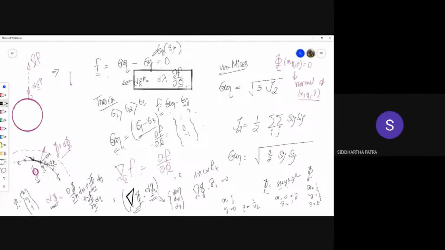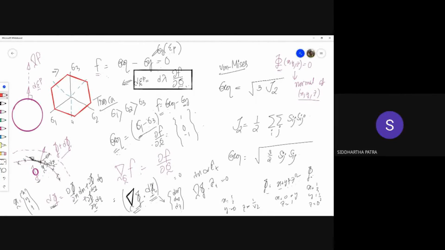So then look at one thing: if this is sigma 1, this is sigma 2, this is sigma 3, this is the Tresca criteria.